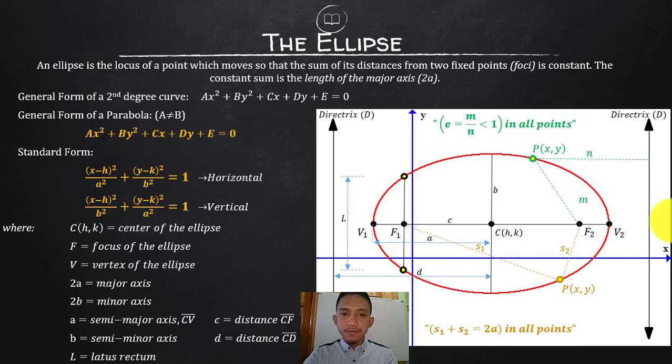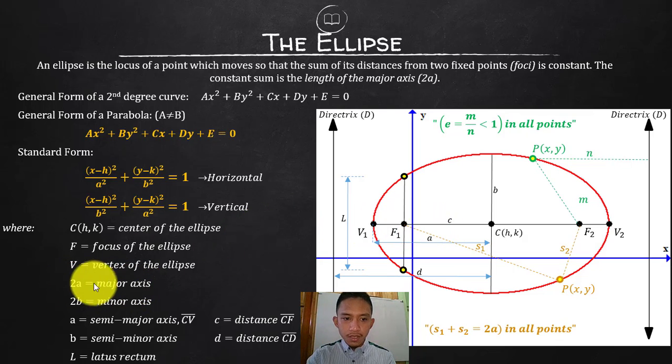So what is that A, by the way? Looking at our parts, I labeled that one. Your 2A is the length of your major axis.